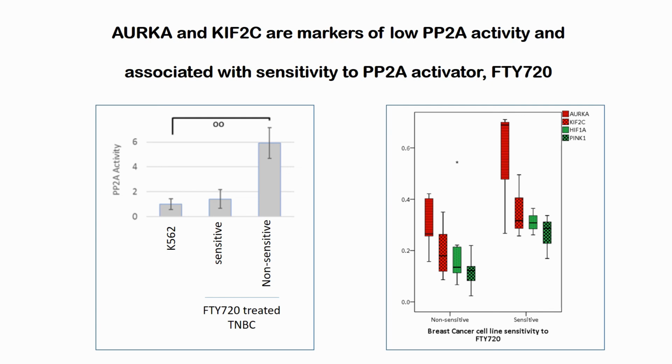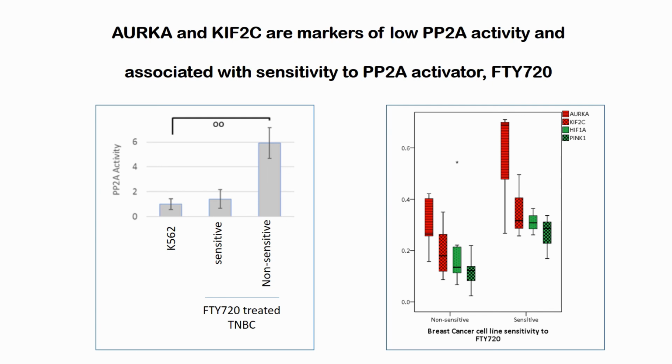When they are highly expressed, then we always have low PP2A activities in our cell lines. And of course we extended studies with inhibitors and activators, and we looked at all the possible designs to show that AURKA and KIF2C are really excellent markers for low PP2A activity.